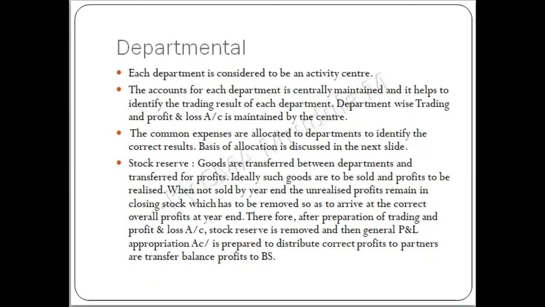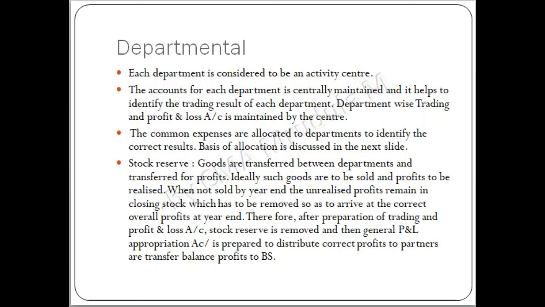One important point that students must understand under this chapter is the term called stock reserve. Goods are transferred between departments, and when goods are transferred from one department to another, they are transferred for profits. Now, the point of transferring goods from one department to the other is for them to be sold to the ultimate customer and profits to be realized for the company as a whole.